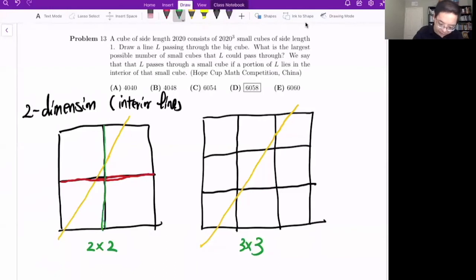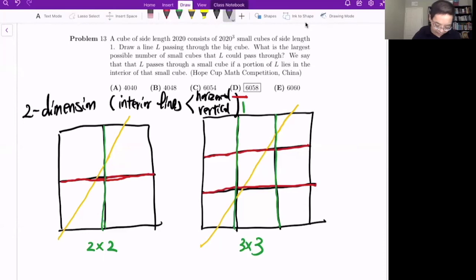So for this one, I have this interior horizontal line, this interior horizontal line, and these interior vertical lines.